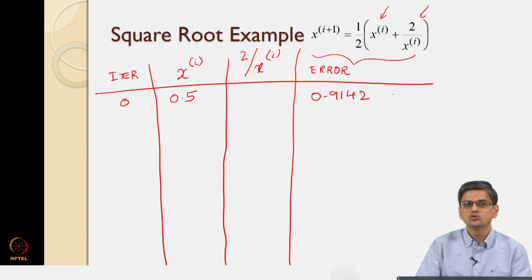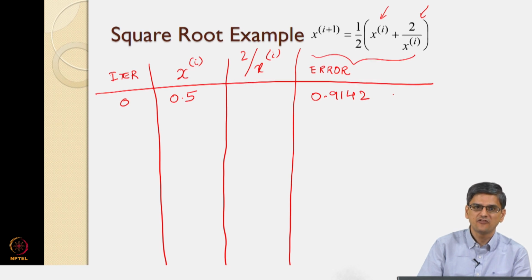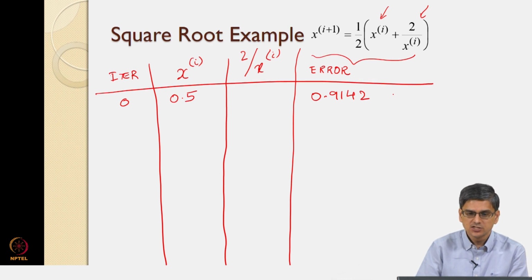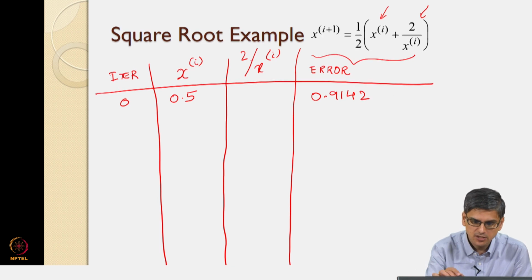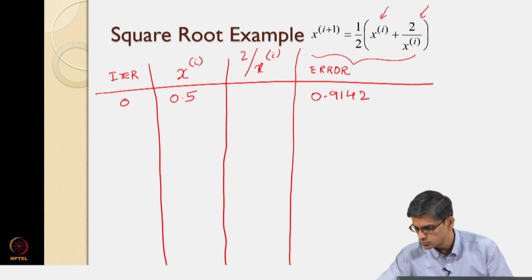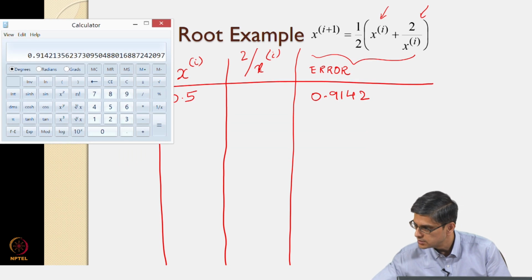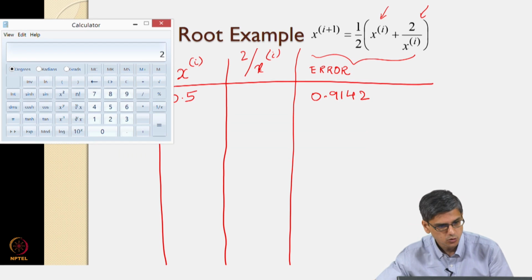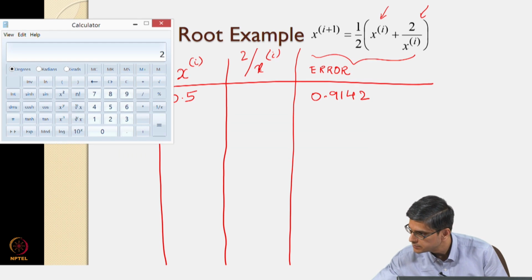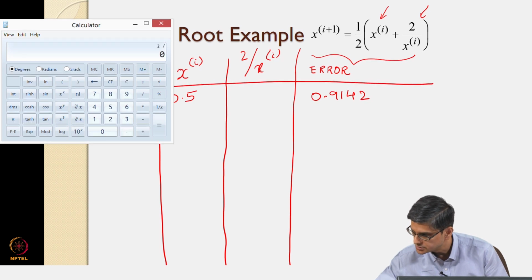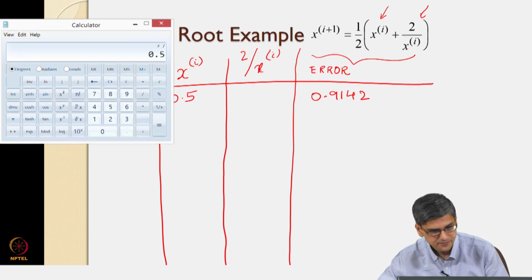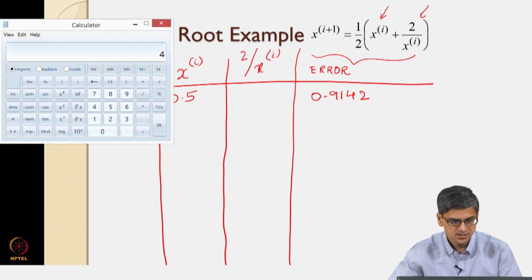Let us now do this iterative procedure to use this algorithm to find square root of 2. The first step is to calculate 2 divided by x, which is 2 divided by 0.5, and the answer is 4.